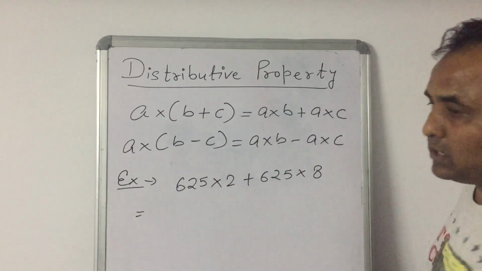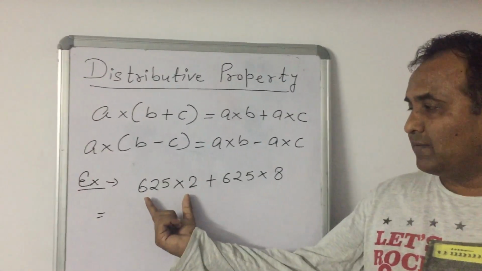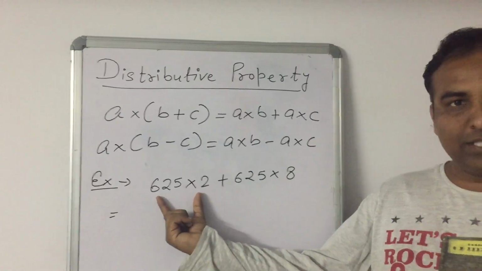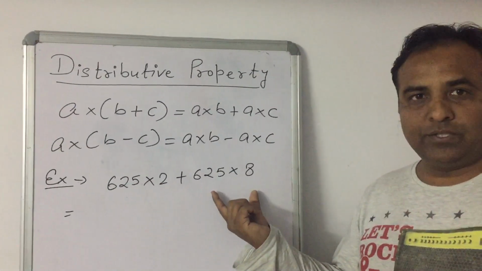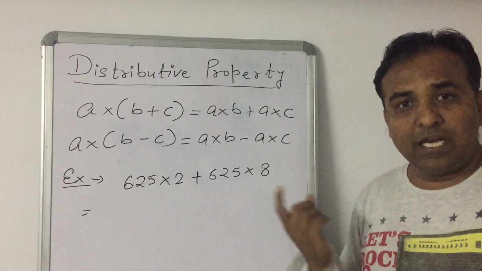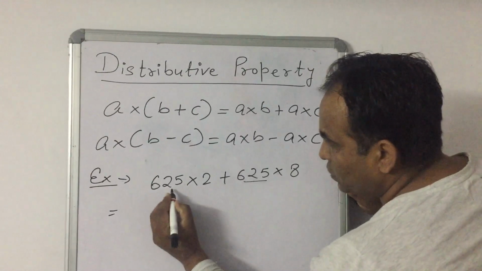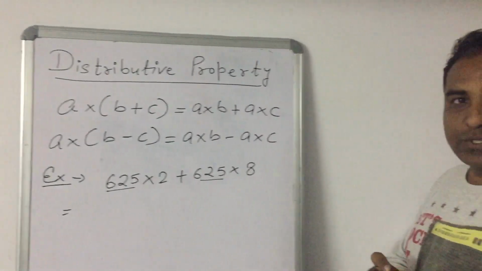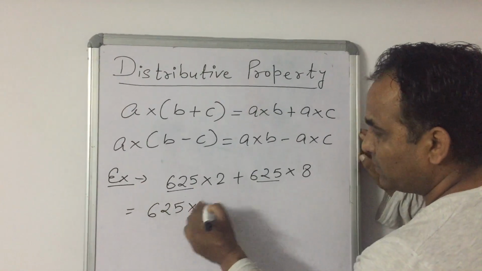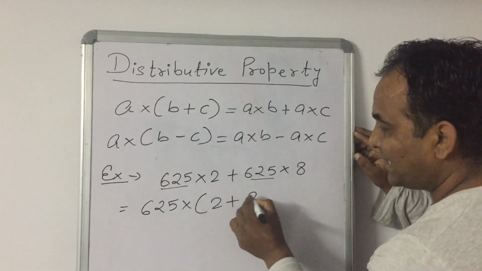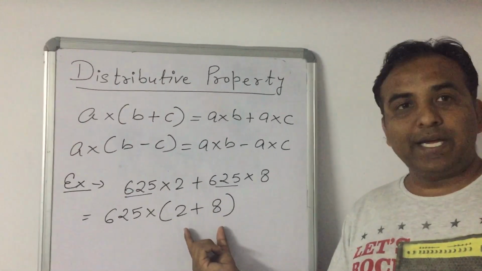A normal procedure a student would follow is to first multiply 625 into 2, and then add the product of 625 into 8. But if we look at these two terms, we find that 625 is a common factor, so we can take it common and we get 625 into 2 plus 8.